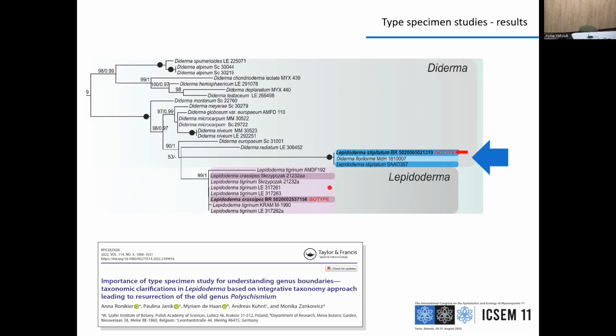Here is another collection of Lepidoderma stipitatum, which was morphologically identical to the isotype. It was sent to us by Henrik Goetsche, and also the sequence of Diderma floriforme. And you can see that they are really conspecific.